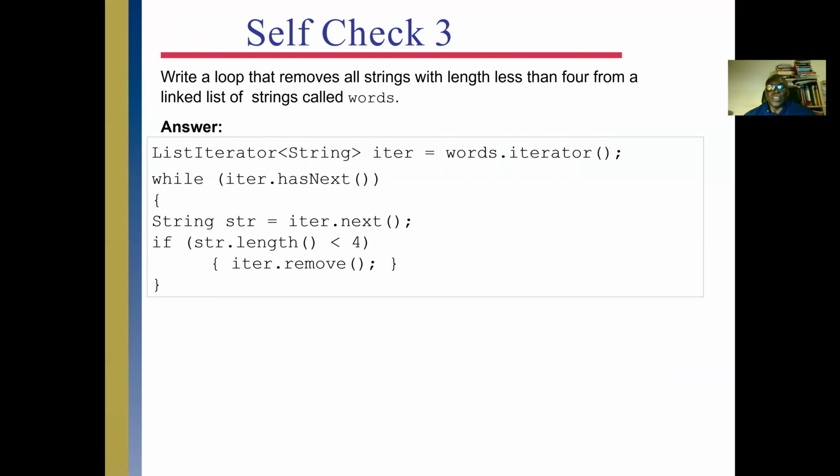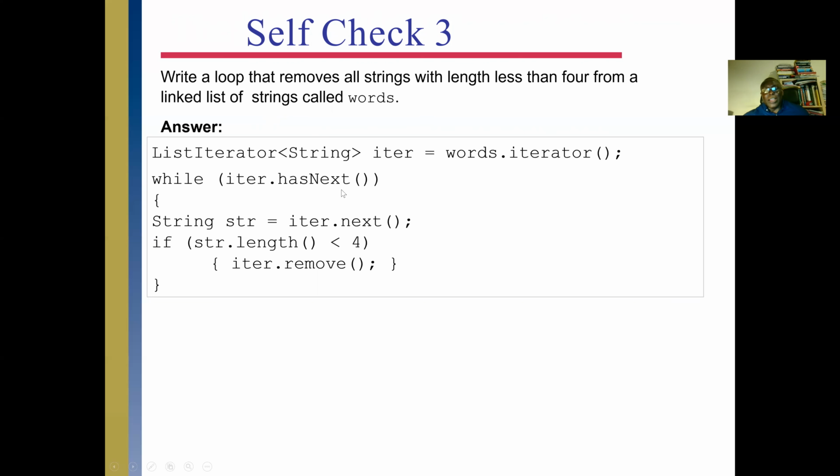Iterator is a Java API, so we don't need to write the code. And this API has at least 3 important methods. The first method is hasNext.